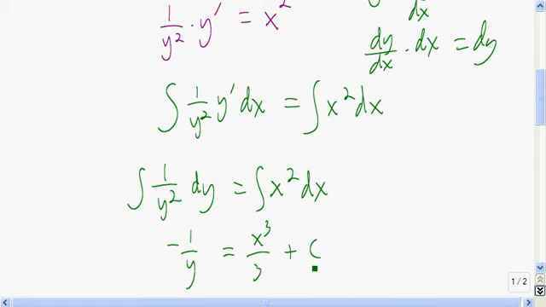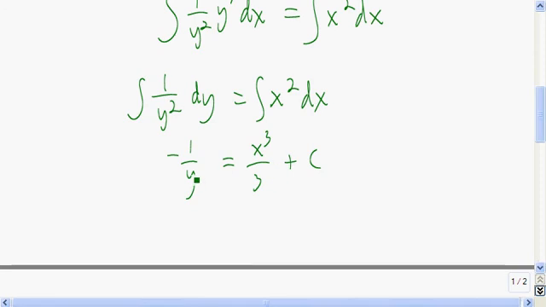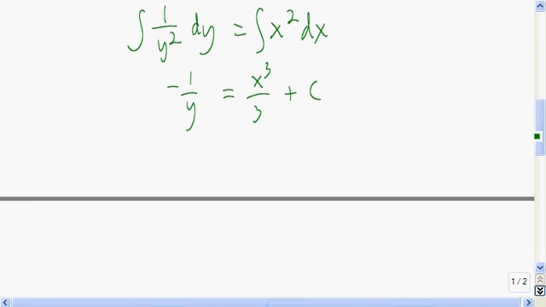And it's not too hard to solve this for y. So we multiply both sides by y and divide both sides by this. We get negative 1 over x cubed over 3 plus c equals y.